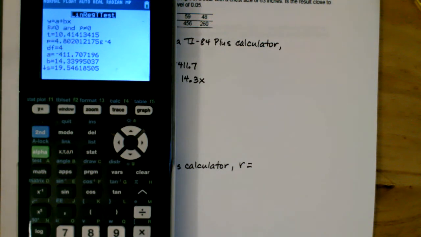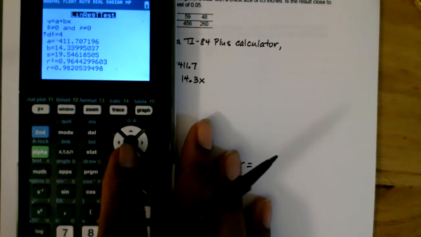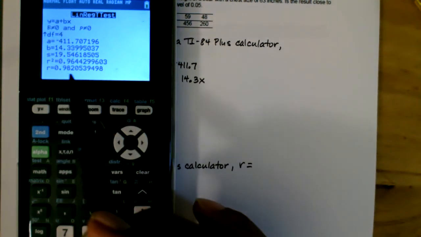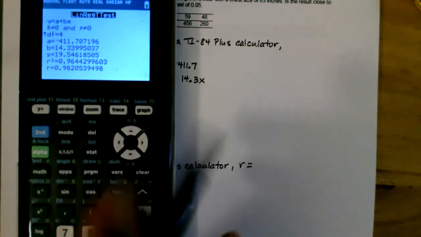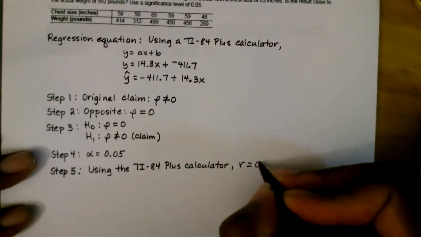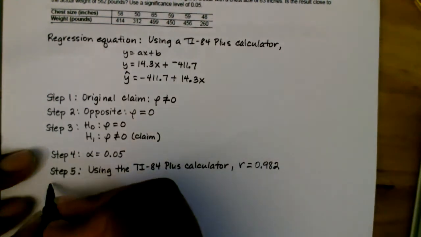Let's find out what R is going to be using the down arrow key, because that tells us there's more on that screen. Here's your R, which to 3 decimal places is 0.982. So our linear correlation coefficient is 0.982.